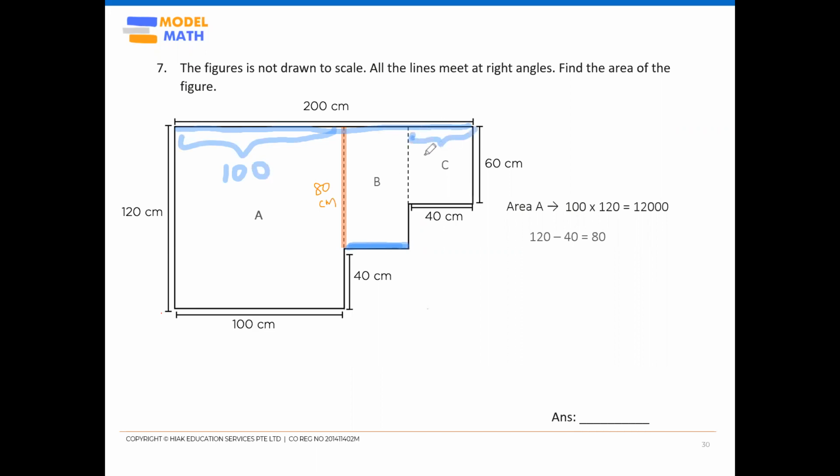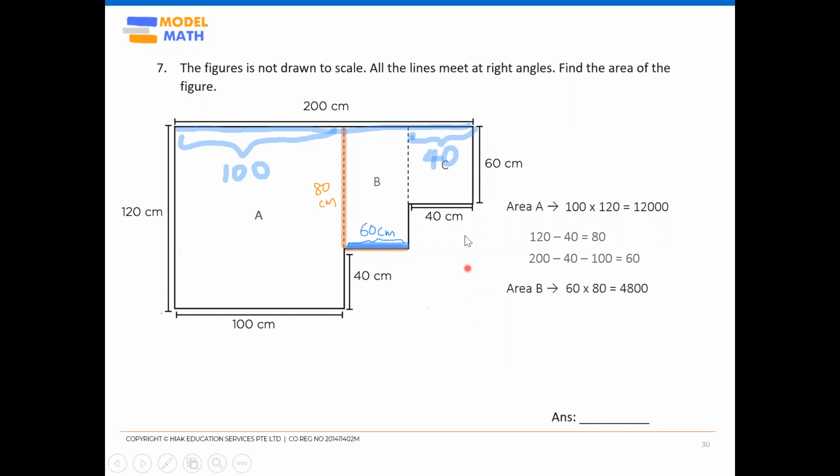And you know this part is 40, which means now I can find this shorter side of rectangle B, which will simply be 200 minus these two values. This part would be 200 minus those two, which gives you 60 cm. Let's write it down here. So this will be 60 cm, which means I can find the area of B simply by taking length times breadth.